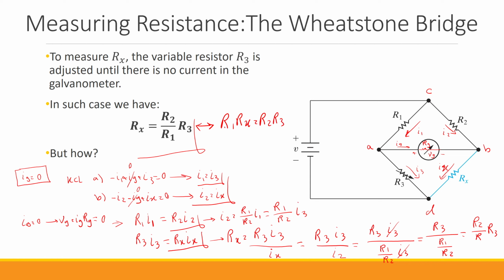So the multiplication of R1 and Rx equals the multiplication of R2 and R3. That is another conclusion based on these assumptions. So if we have the values for R1, R2, and R3, we can find the value for Rx.